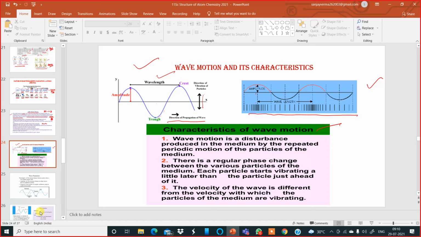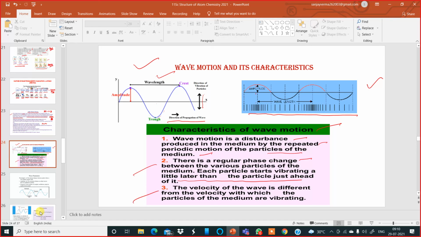Characteristics of wave motion. Wave motion is a disturbance produced in the medium by the repeated vibrations, the periodic motion, of the particles of the medium. There is a regular phase change between the various particles of the medium, going up and coming down. Each particle starts vibrating a little later than the particle just ahead of it.